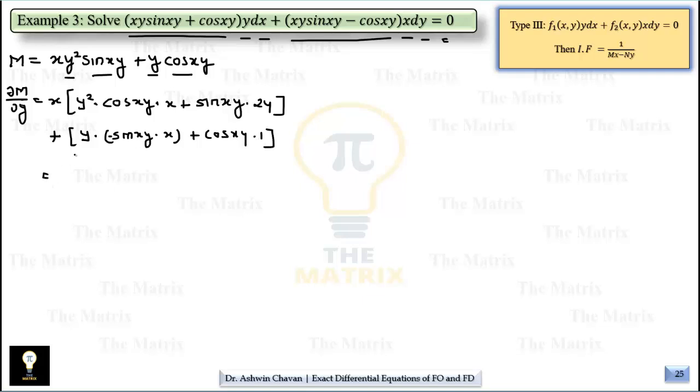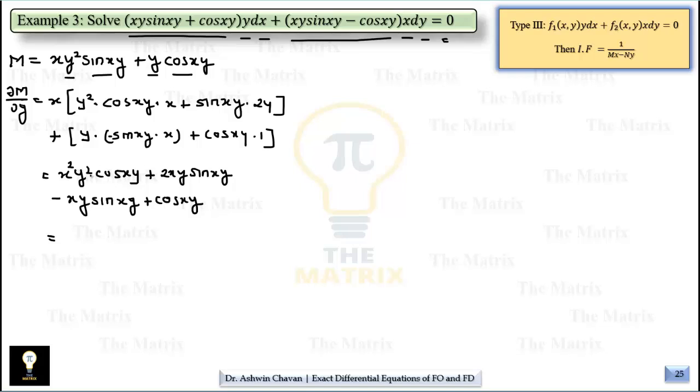If we open the brackets, we get x square y square cos of xy plus 2xy sine of xy plus, actually it is minus, x into y sine of xy plus cos of xy.